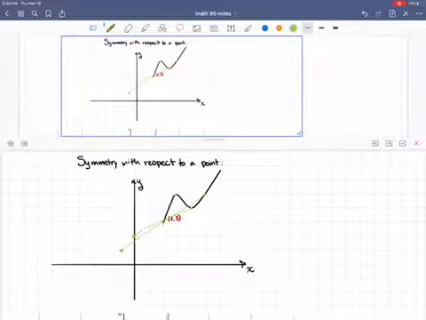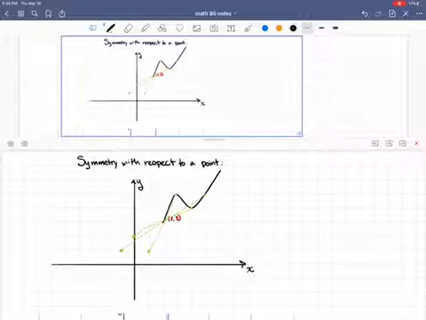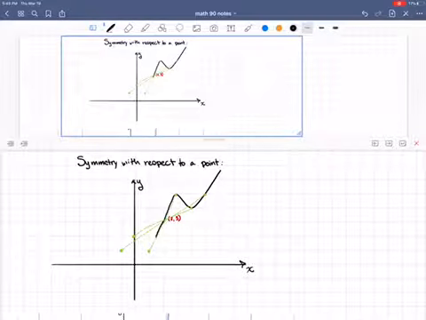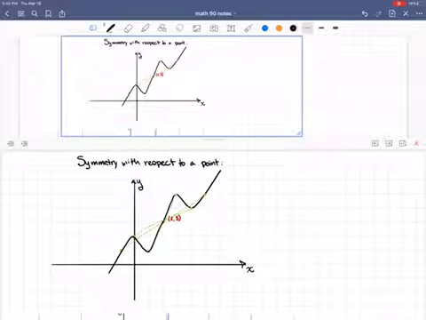So that takes me here. Okay, so now that I have kind of that general shape sketched out, I can draw in the graph. So it goes down to here, up to here, and then down like that, right? So if we kind of smooth it through there, we see the shape. So that is what symmetry with respect to a point looks like.